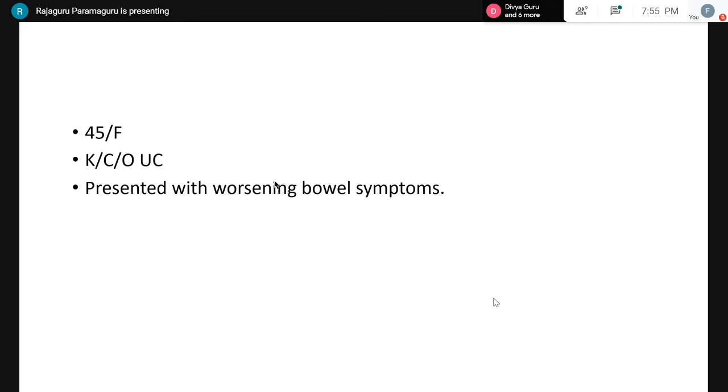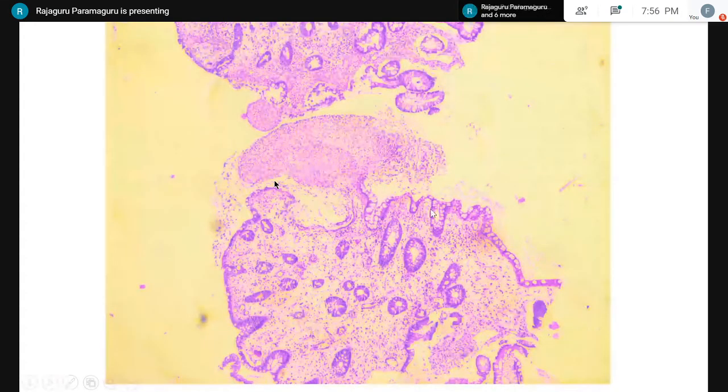The lamina propria was edematous with a volcano kind of ulcer, with neutrophil-rich fibrinous exudate coming out like a flower pot, and more sections showing similar changes. So it is a pseudomembranous colitis complicating ulcerative colitis, which is well known.